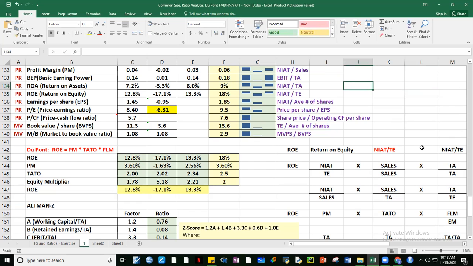I just want to know kasi konti pa lang, barely 50%. Again, I'm asking kung clear yung concept ng ROE. Just a few more and then I continue.